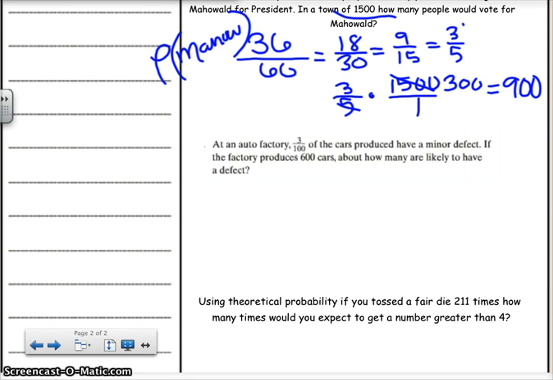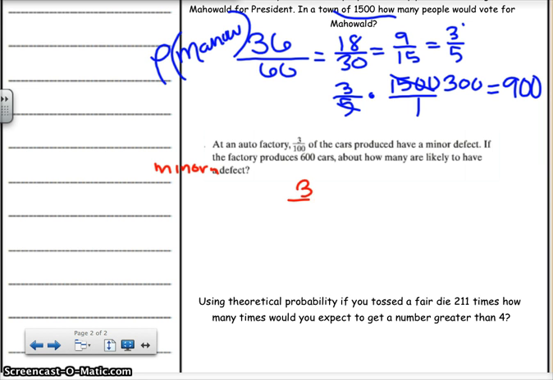At an auto factory, three out of the 100 cars have a minor defect. If the factory produces 600 cars, about how many are likely to have a minor defect? So I need my probability that it's a defect, which is 3 out of 100, right?